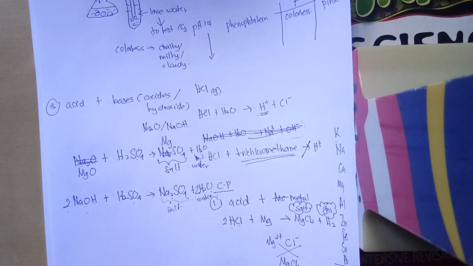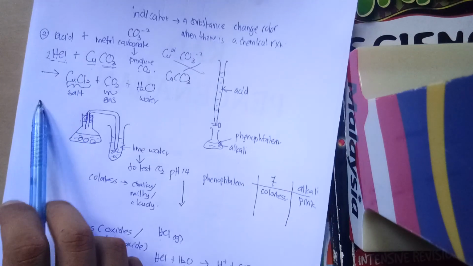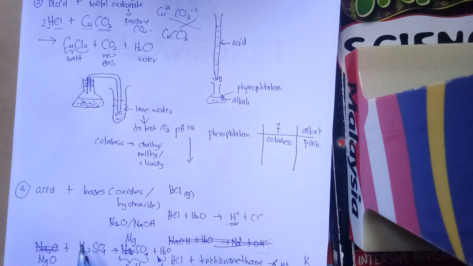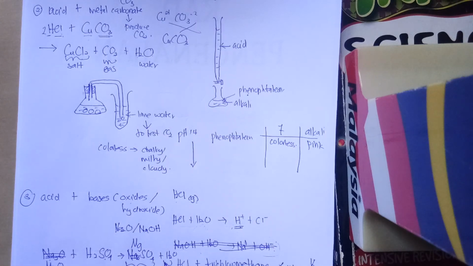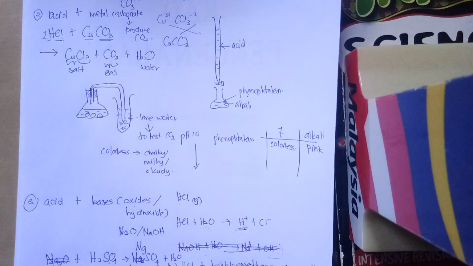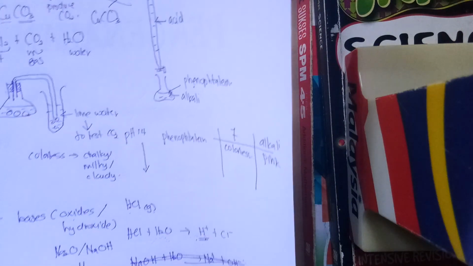Compared with acid, acid can have 3 reactions: react with metal, react with metal carbonate, and react with bases and alkali. So alkali can only react with acid, they don't have any other reactions. Okay, that is the properties of alkali and acid.